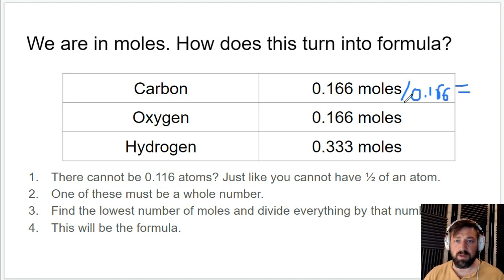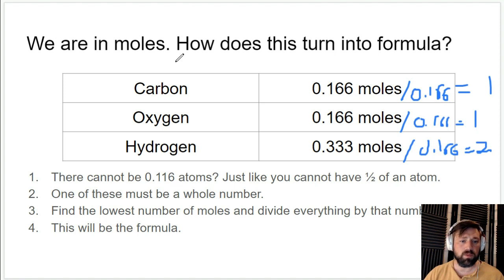Anything divided by itself is, of course, 1. 0.166 divided by itself is going to be 1. And here, 0.33 divided by 0.166 is going to be 2, roughly 2. So from this, we know that it's going to be 2 hydrogens for every 1 oxygen and 1 carbon. That is what we said before.